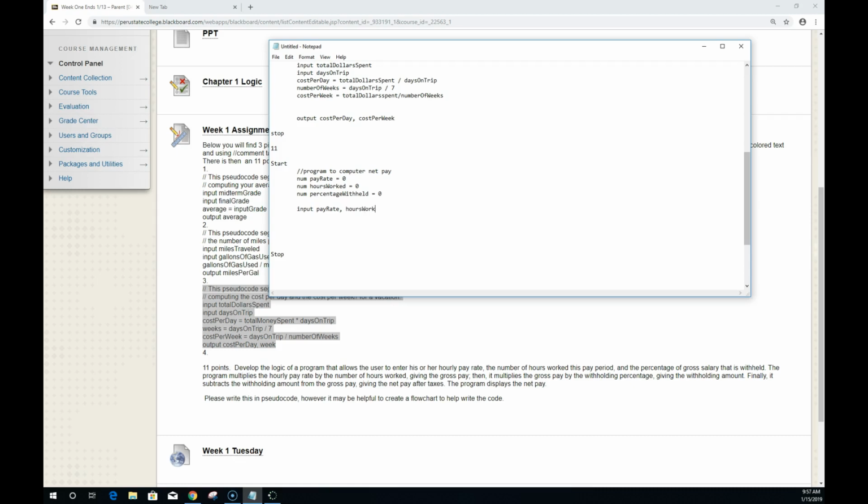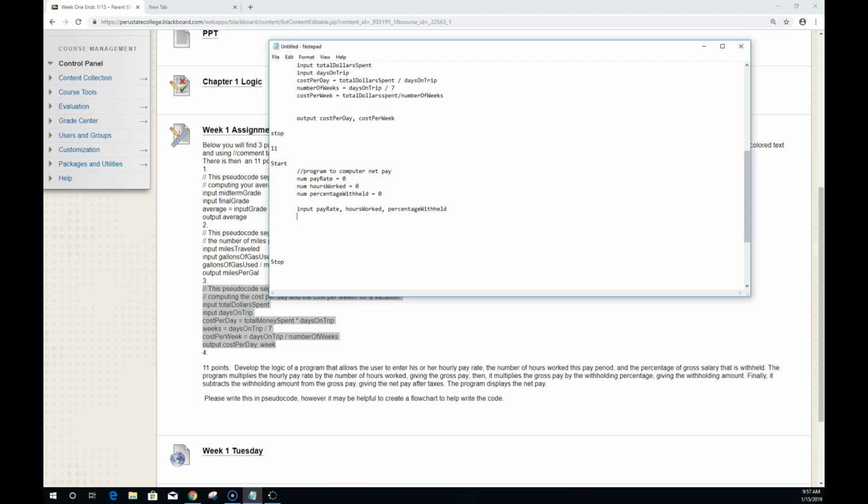Hours worked and percentage withheld. So now the computer's got those three numbers in there, right? So you put in, I make $45 an hour, I worked 40 hours last week, and I lose 50% of my pay. Maybe, whatever it is.